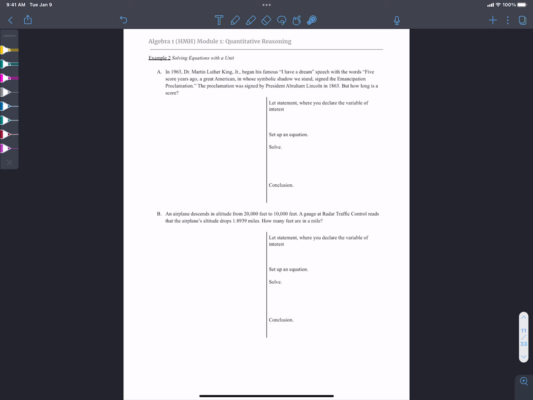Once you set it up, solve. And then whatever you find, write the conclusion. In the old textbooks, they call this a 5-step process. But if you're thinking, 1, 2, 3, 4, Mr. Yim, there's only 4, well, that is because you should check your work afterwards, right? It's a 5-step process. Why don't you go ahead and try these two problems and see what you can do with them.